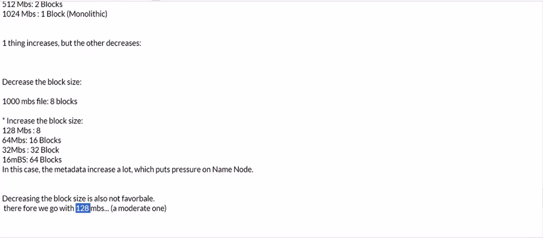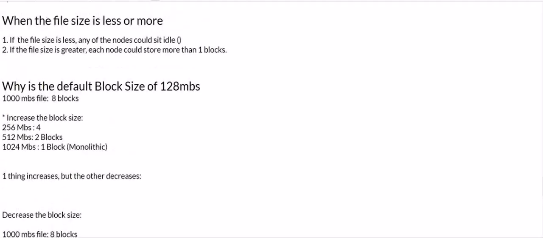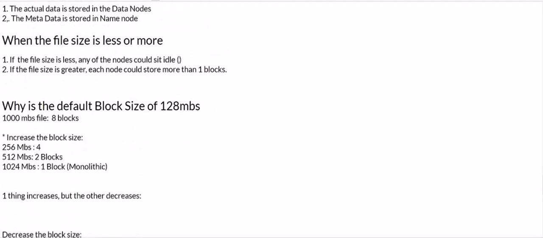Because if, according to this block size, we are having 100 blocks, we would still be having a lot of metadata. Got it? But we have to come to a number which is moderate. Got it?